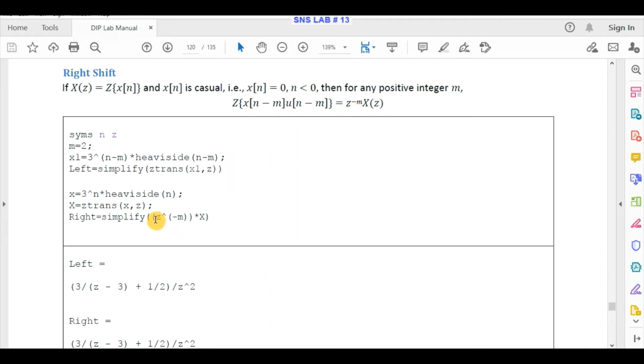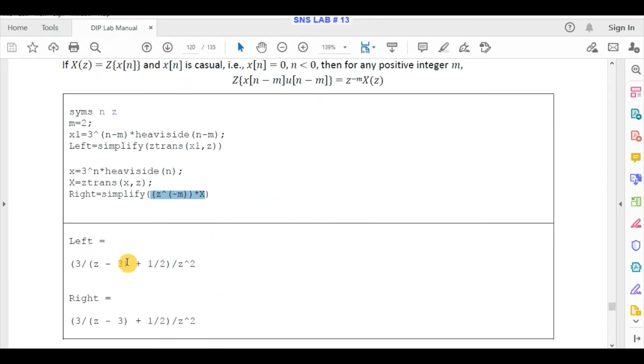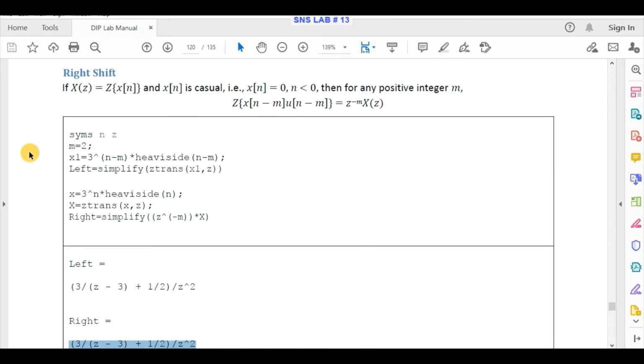So you can see X is multiplied by z power minus m. After running this script, we will get the answer for left hand side and right hand side, which are same. So the second property, which is a shifting property, has been verified using MATLAB function.